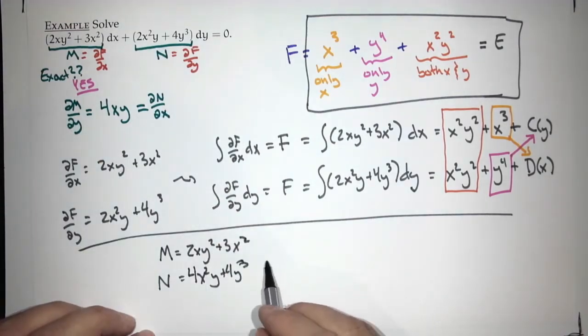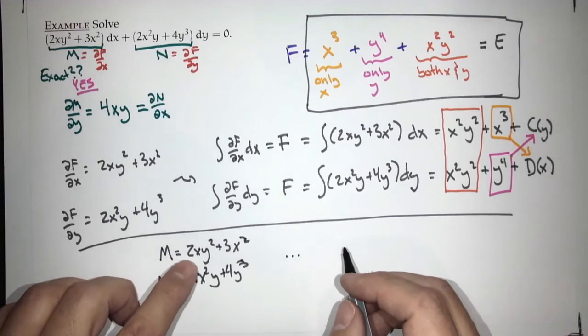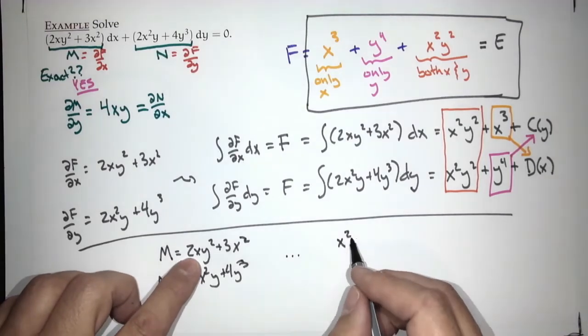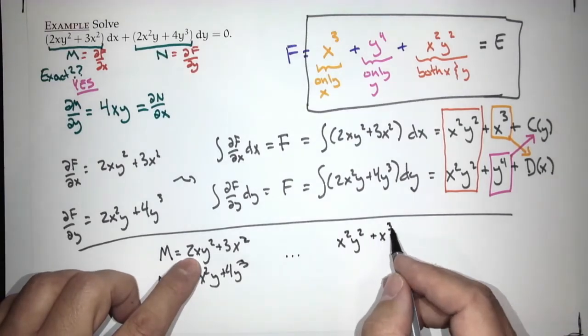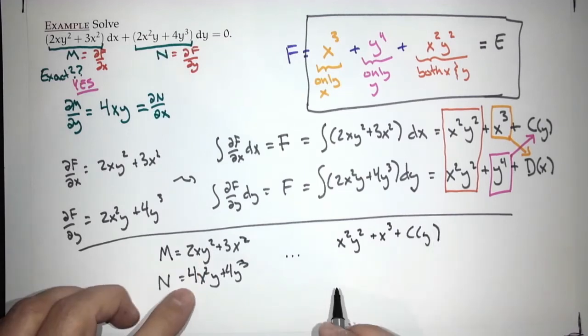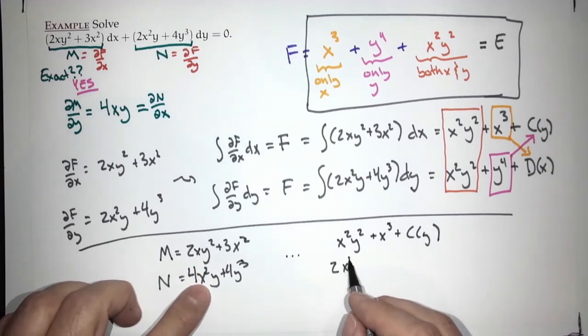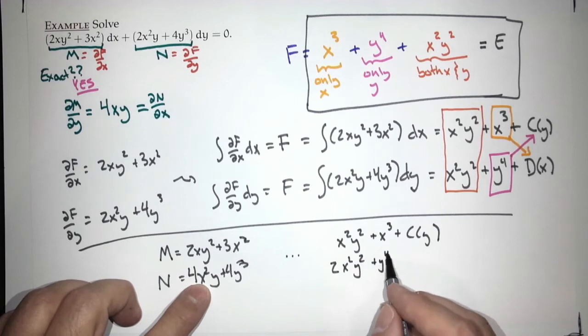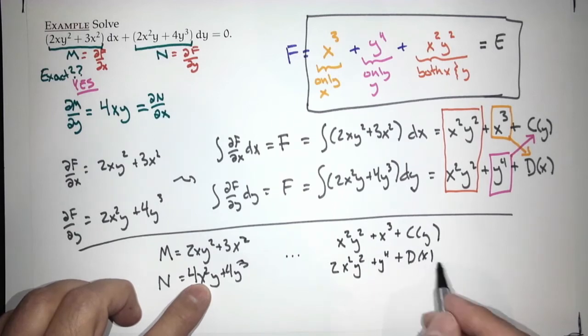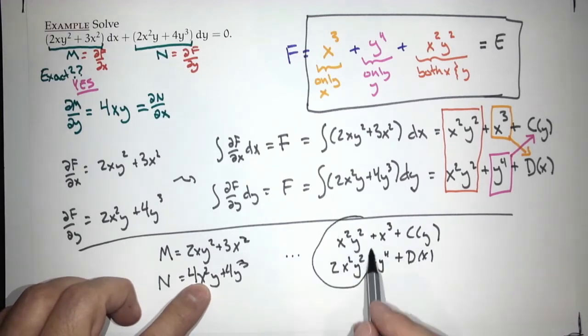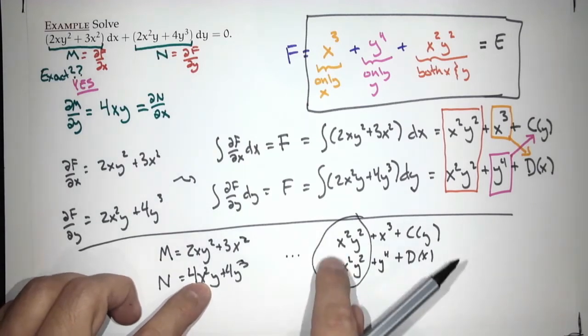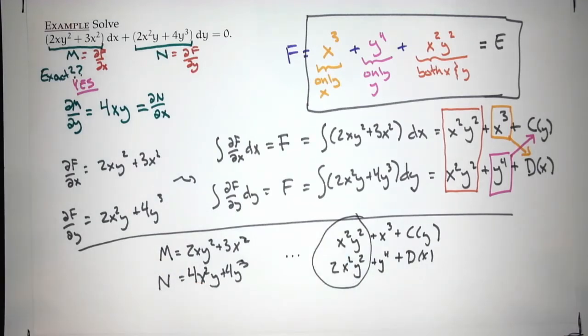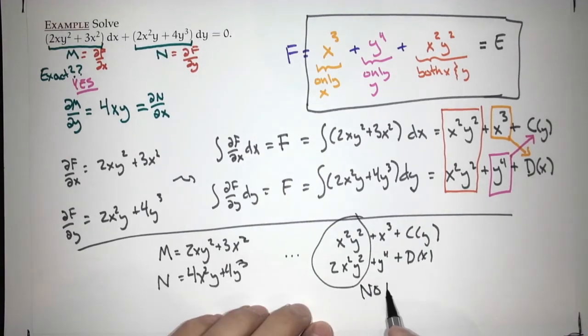When we integrate here, you get x squared y squared plus x cubed plus some function of y. And here you'd get 2x squared y squared plus y to the fourth plus some function of x. And when the parts that involve both x and y don't line up, it means you didn't have anything exact, and you just stop the process and write not exact.